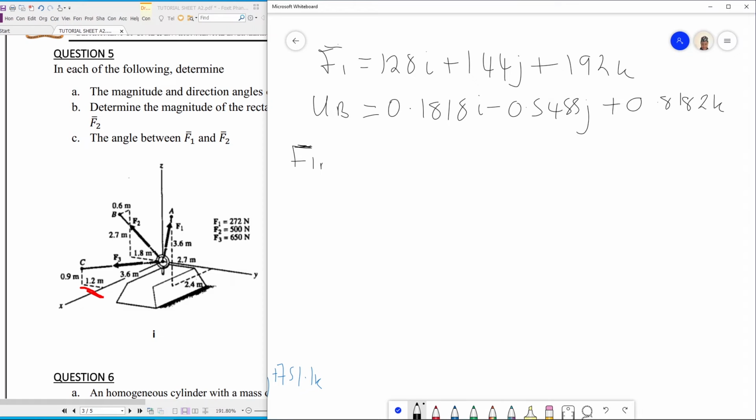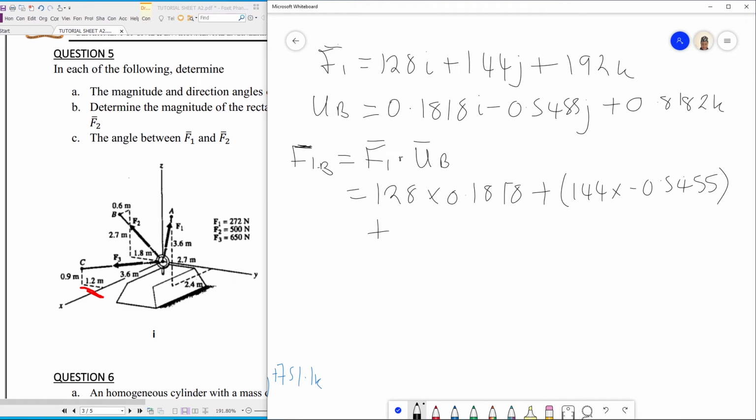So it will be 128 times 0.1818, plus 144 times negative 0.5455, plus 192 multiplied by 0.8182.